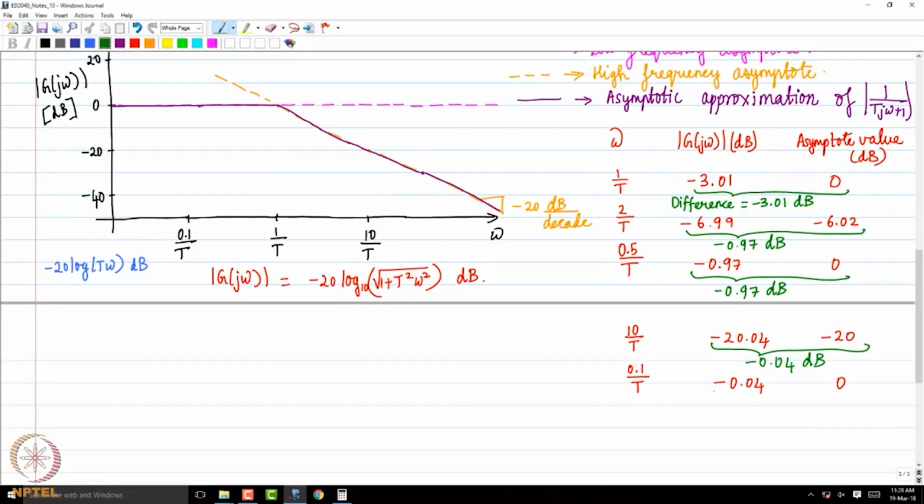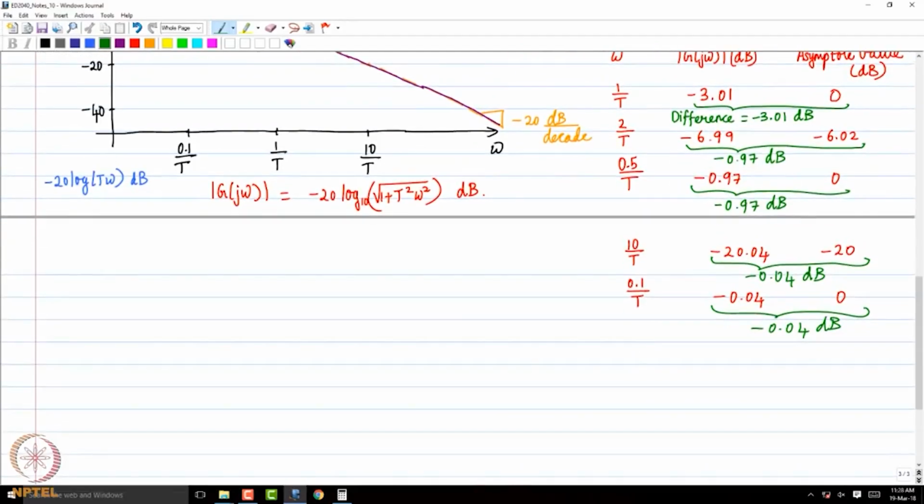So what is the difference? Minus 0.04 decibels. So you can see that this is the level to which the asymptote and the actual curve will differ from each other. So essentially you are going to get the maximum error at the corner frequency, and then the errors are going to just decrease.